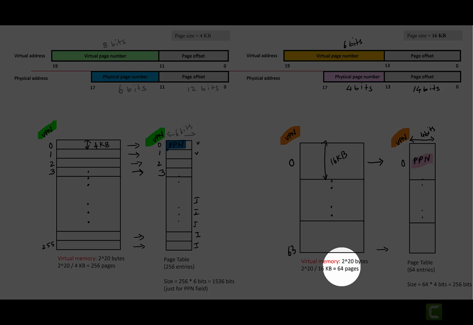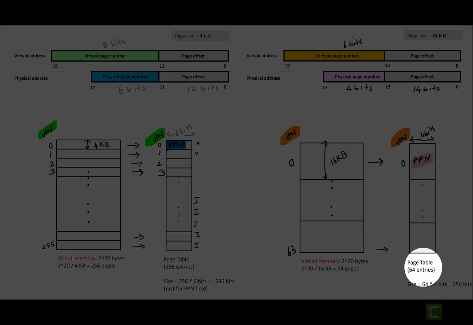And so now I have fewer pages, but each of them is bigger than before. So in this example, now I have 64 pages. Now what that means is my page table now only needs 64 entries, right? Before I had a 256 entry page table, but now I need only 64 entries.